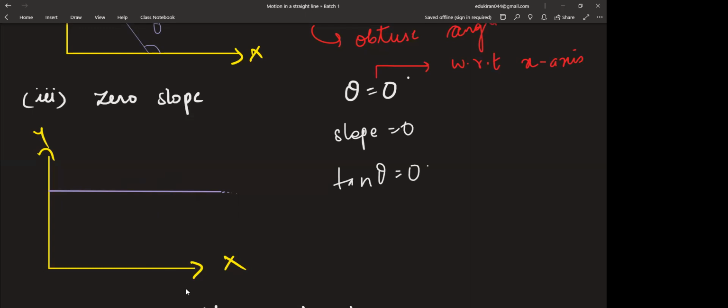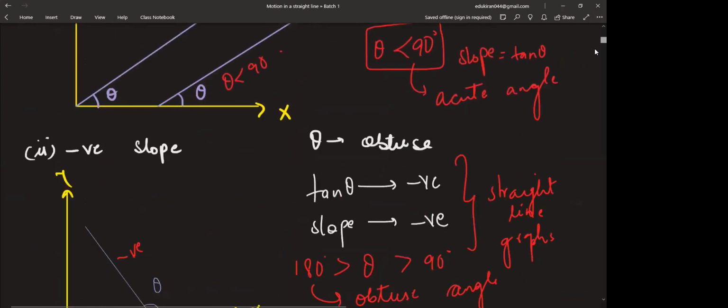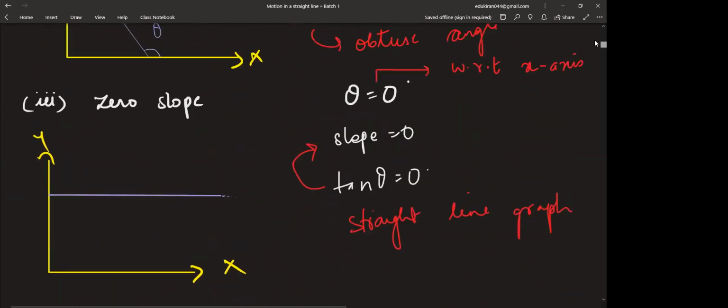Nothing. They are parallel, 0 degrees. So tan theta is 0, so your slope will also be 0. So this also we call a straight line graph, because we are getting a straight line. But with a zero slope, a positive slope or a negative slope, that will define which type of straight line this is.